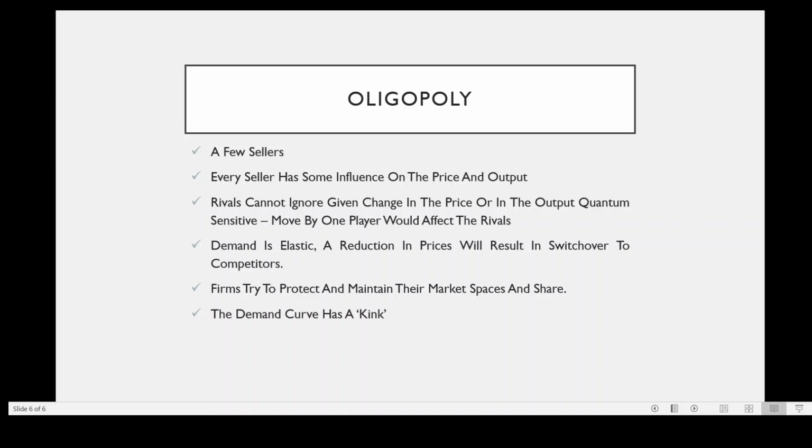They compete with each other, but with due respect, by acknowledging the fact that if I have to protect my market share and my market space, I must ensure that I do not hurt my competitor, because any move by him will be detrimental to my market share. So therefore, the demand curve has a kink. There is a kinked demand curve in the case of oligopoly.